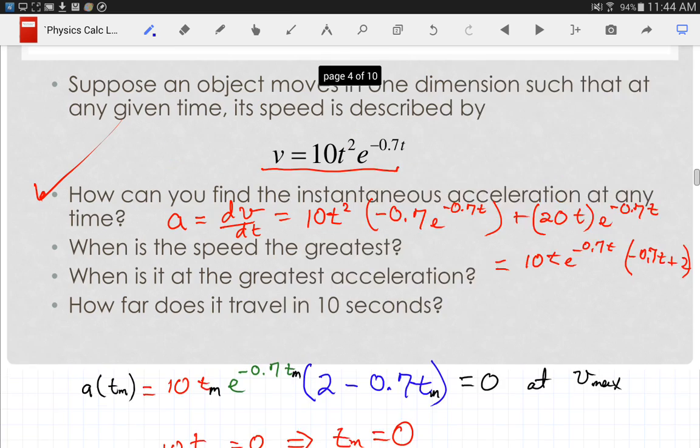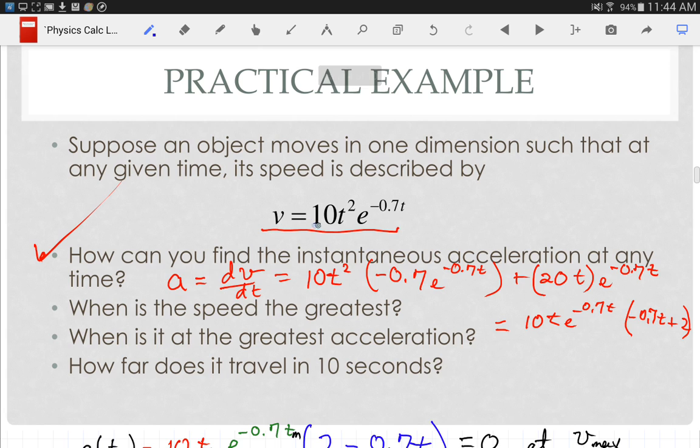Okay, the next one I'm going to do, time is infinity. I have infinity squared times e to the minus infinity, which is 0. So I have an infinity times a 0. And then I have to do something, like, say, L'Hopital's rule to determine what value it's going to go to in that limit.